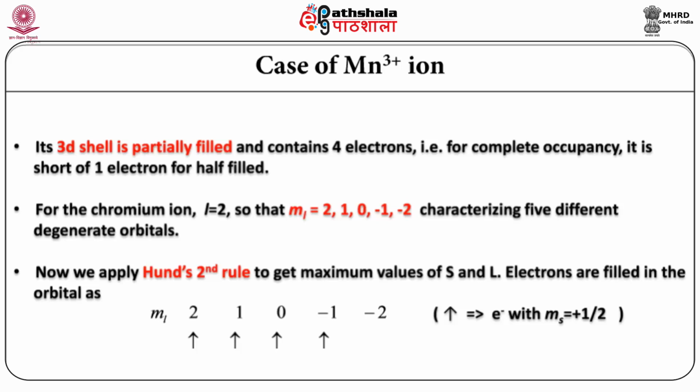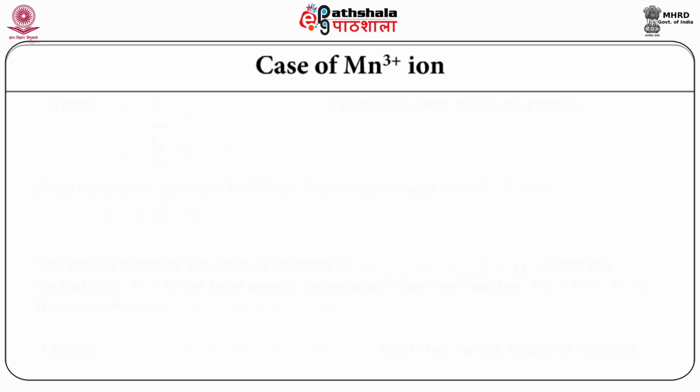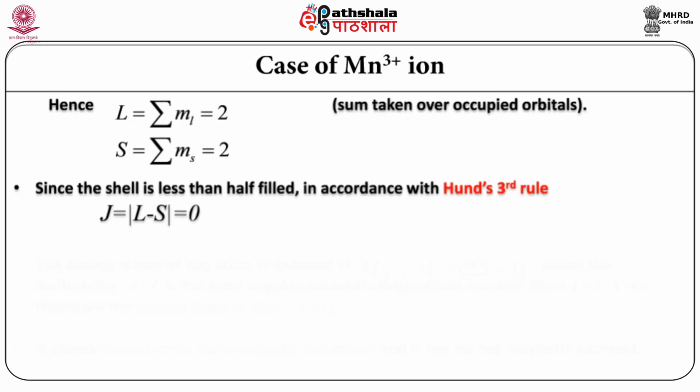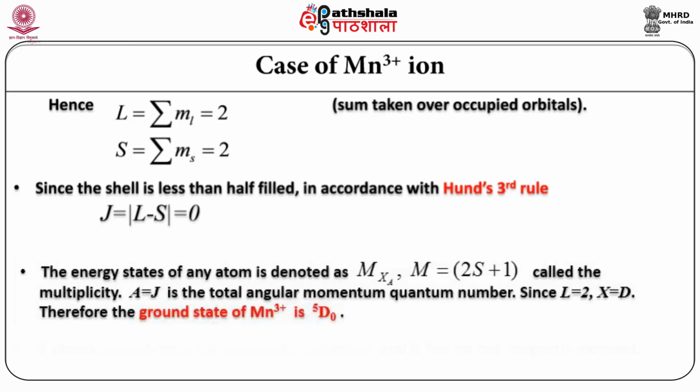Remember that it's the 3d shell. So again, as before, capital L is the sum over ml, which is 2, and capital S is the sum over ms, which is again equal to 2. Now since the shell is less than half filled, in accordance with Hund's third rule, we have J equal to mod of L minus S, which is equal to 0. This is a very interesting case. The notation mLa for this specific case would be simply 5D0.